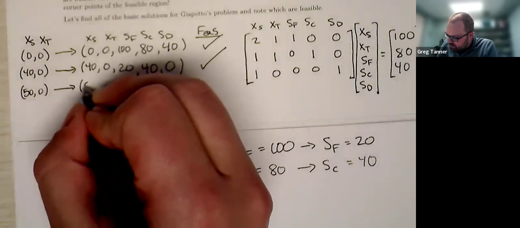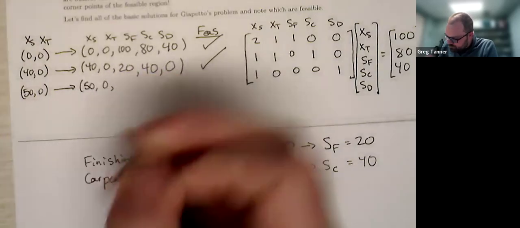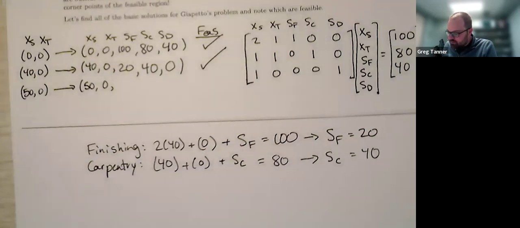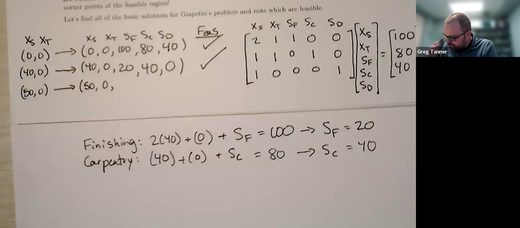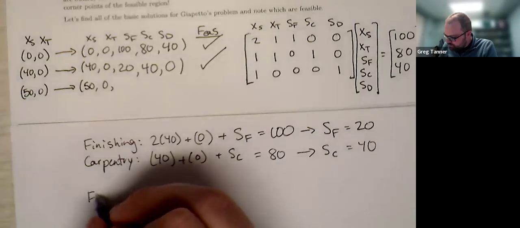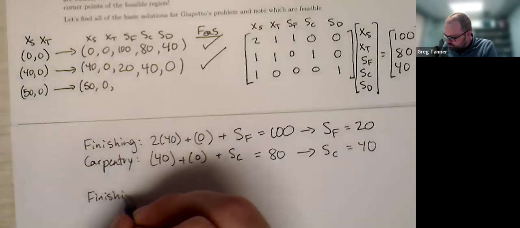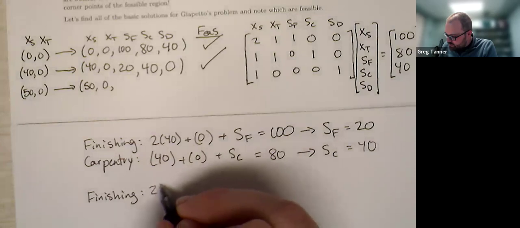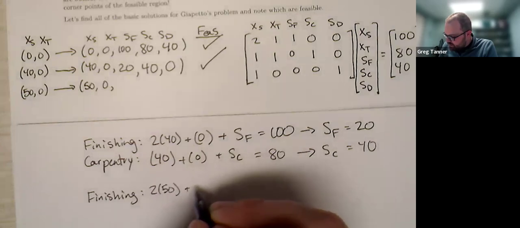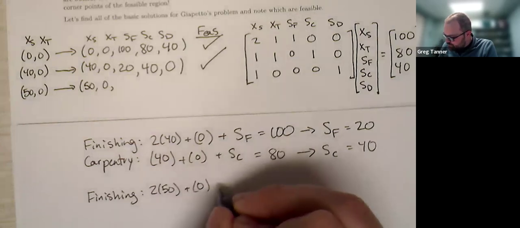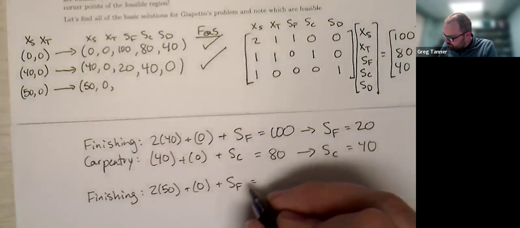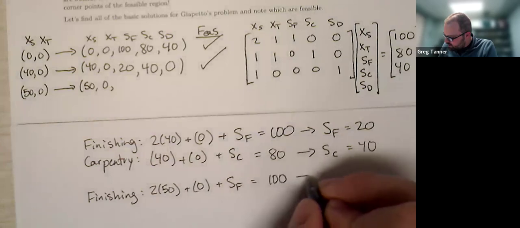So at 50, 0, now let's do finishing again. That is 2 times 50 plus 0 plus SF equals 100.